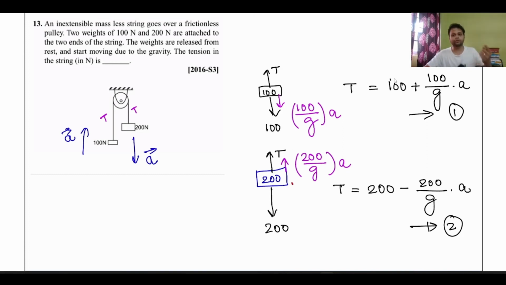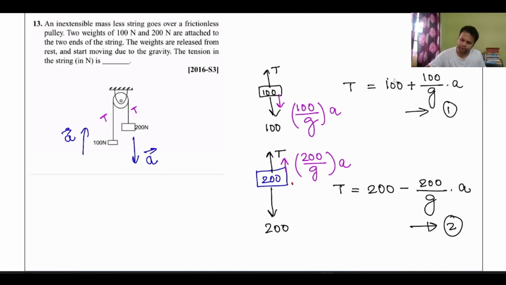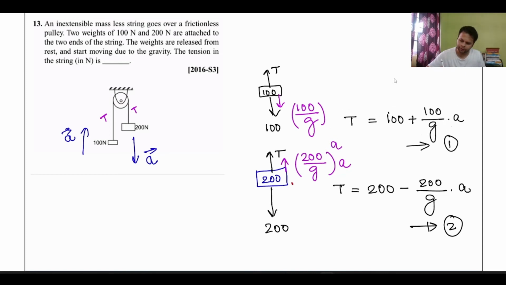Oh sorry, I'll not subtract, I'll in fact add equation 2 and equation 1. I hope you are able to see this equation and it is not covered by my equation 1. So what I'm going to do is 2 into equation 1 plus equation 2, right?